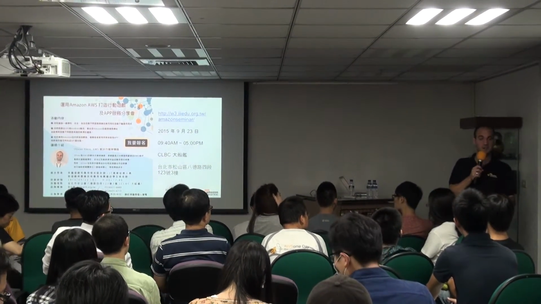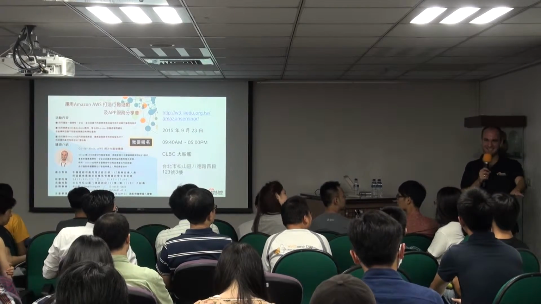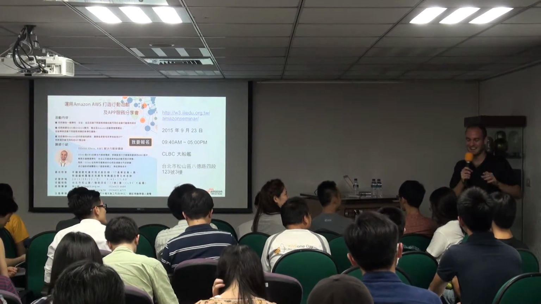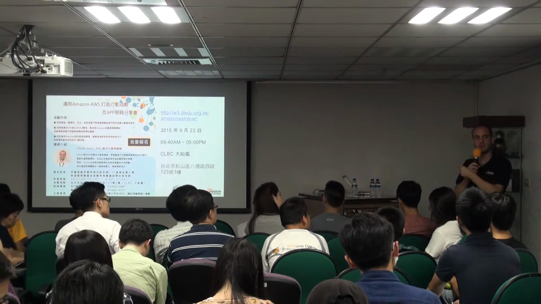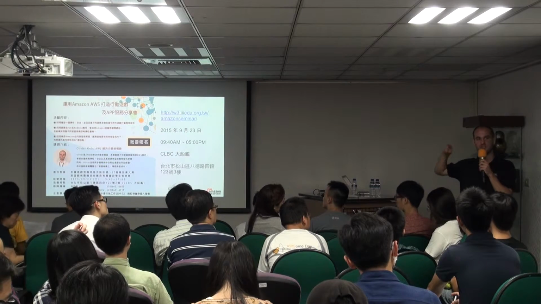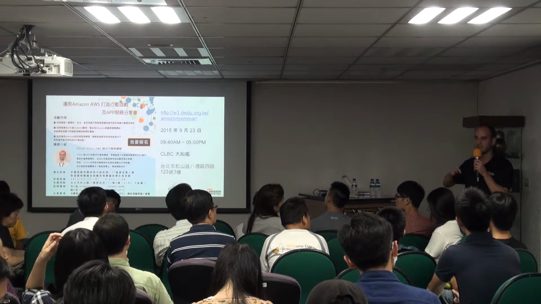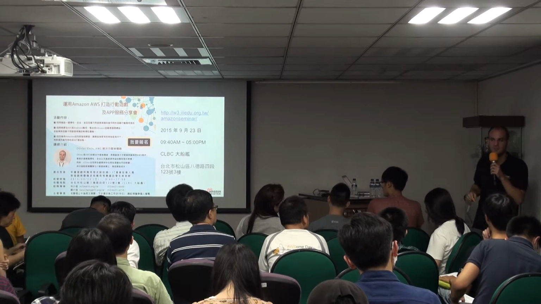I can share it with you, but don't use it in production. I haven't tested it too rigorously, but I'm happy to share it with you. Apart from that, we also have code samples in the AWS Labs part, so GitHub/AWS Labs. There are lots of code samples there too, which is a good way to get started with it.